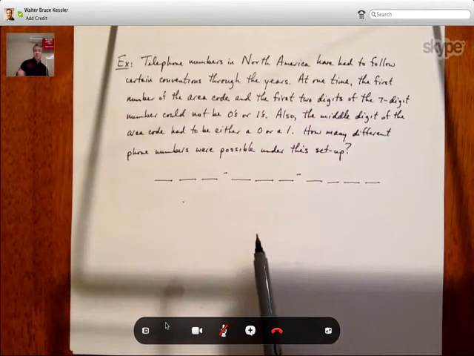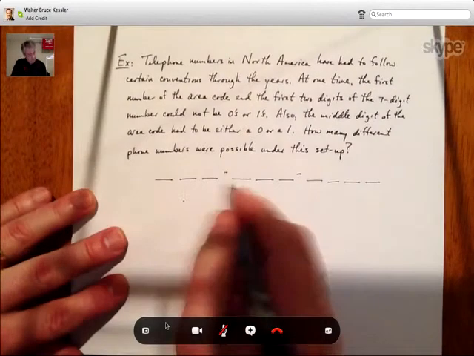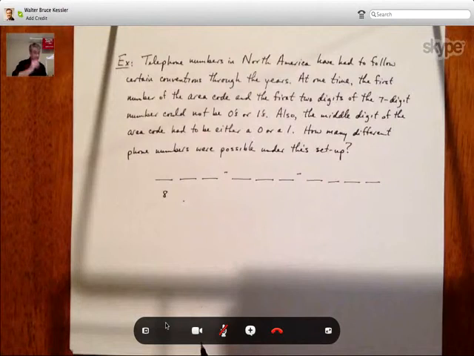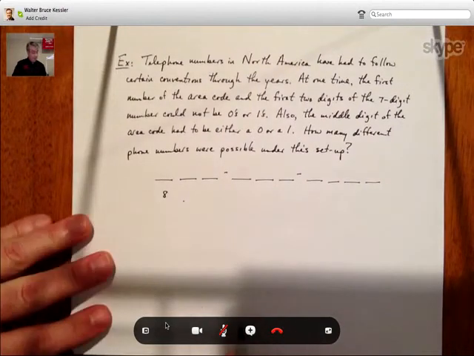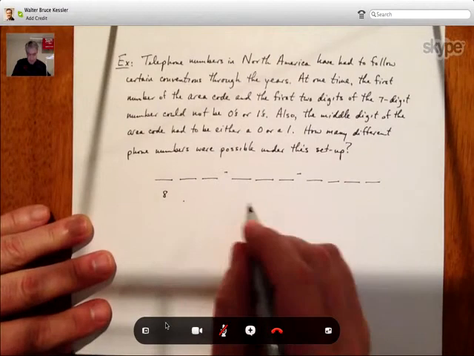We've got 10 digits, 0 through 9, but we cannot use 0 and 1, so that leaves us with only 8 choices in these positions. So 8 choices here, and I tend to put them below.